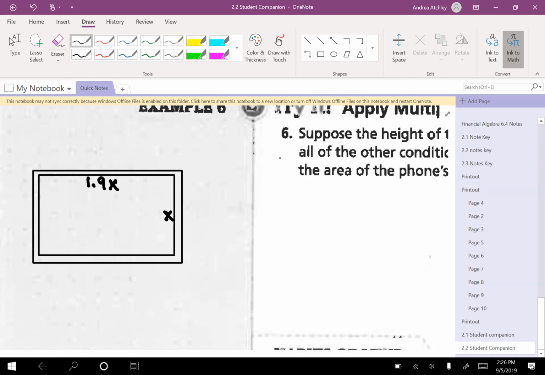They're saying the total length of your phone is 1.9x plus 3, and the width right here is x plus 1. Okay, that's what the book shows.